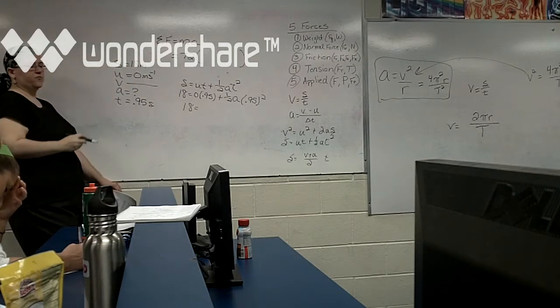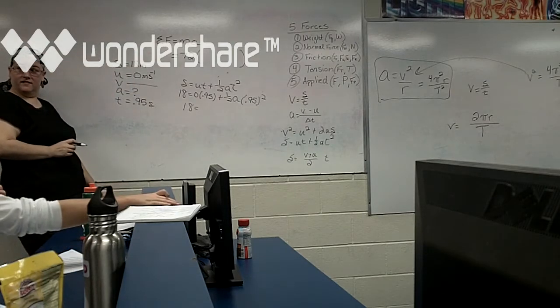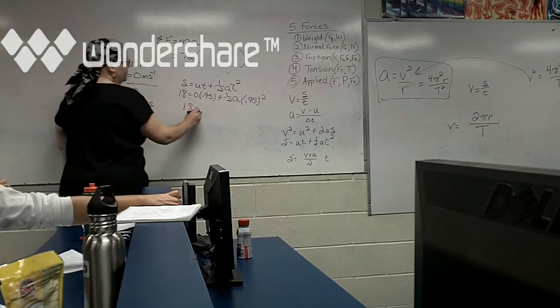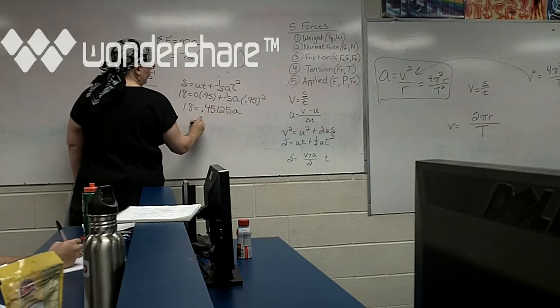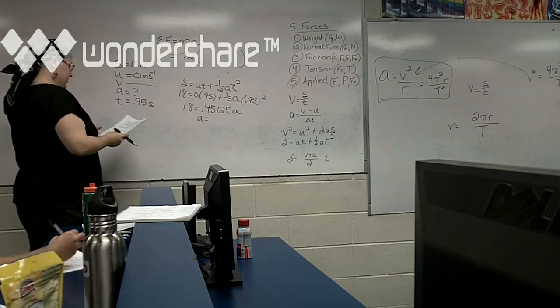Okay, what's 1/2 of 0.95 squared? 0.45125. And then this will give us our acceleration.